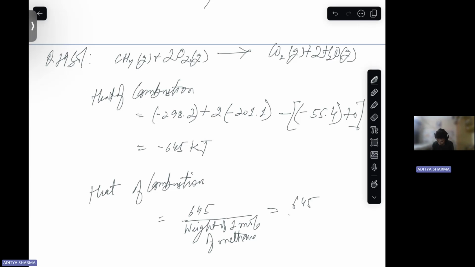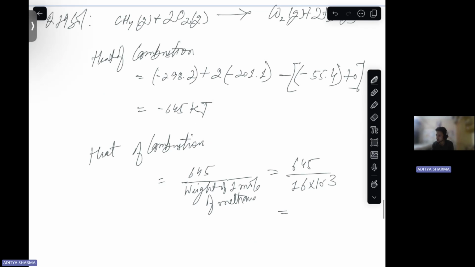So we do 645 by 16 into 10 to the minus 3, which is 16 grams. And if you solve this, then this will be megajoules per kg. So this is your heat of combustion.